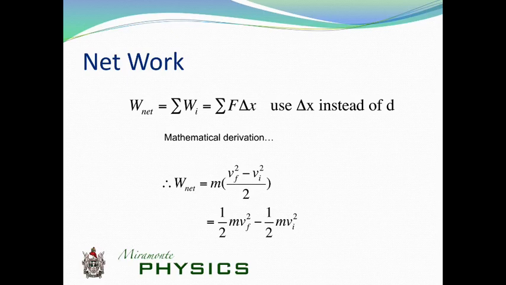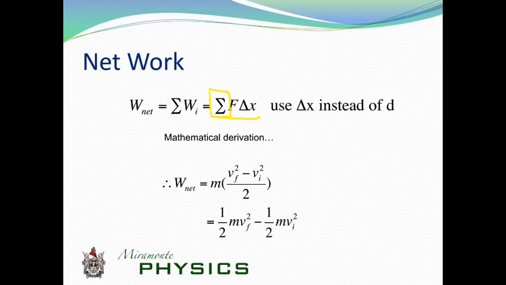It turns out that if we understand what's going on with work, where you add up all of the forces times the displacements, so the net work is the sum total of every force times every displacement, and you do a little bit of calculus, it's not complicated at all. If you've done calculus, the summation is like an integral.